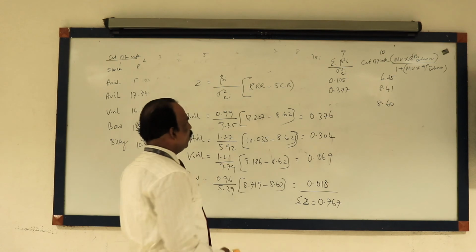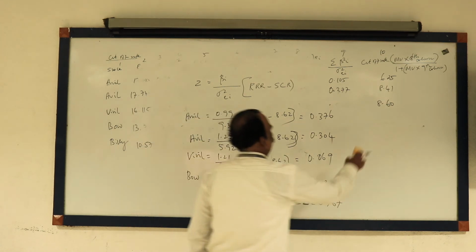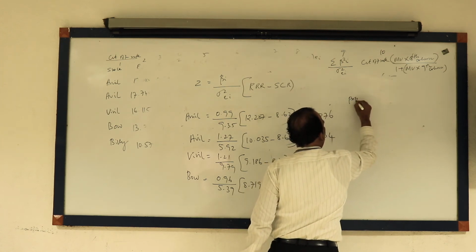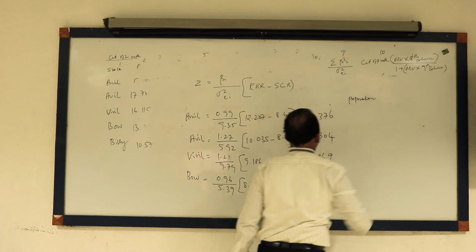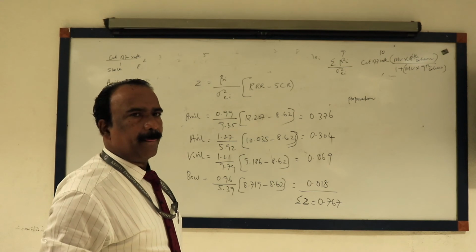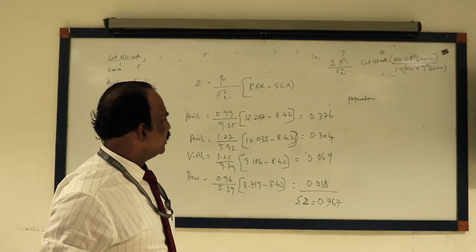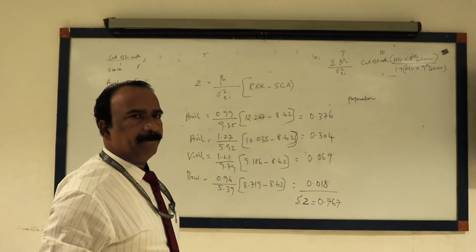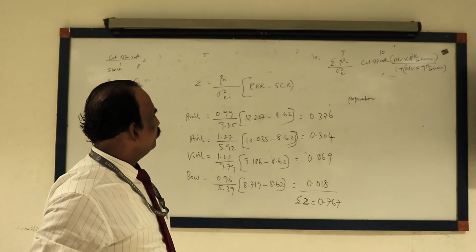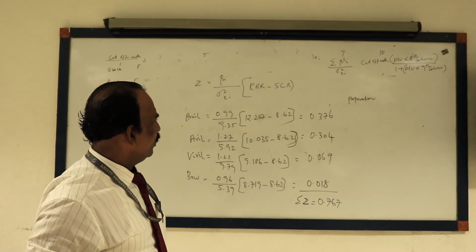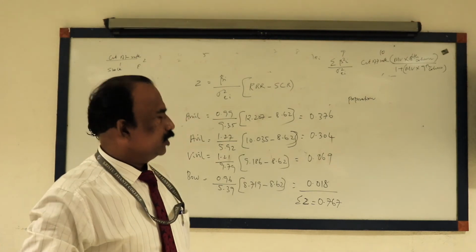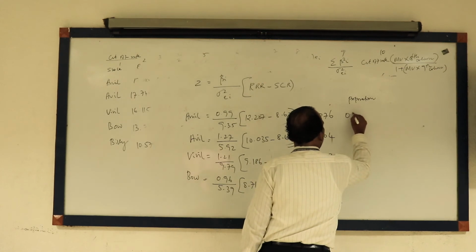So now you calculate the proportion. That is 0.376 divided by 0.767. So around 50% will come. Which comes to 0.49, that is 49%.